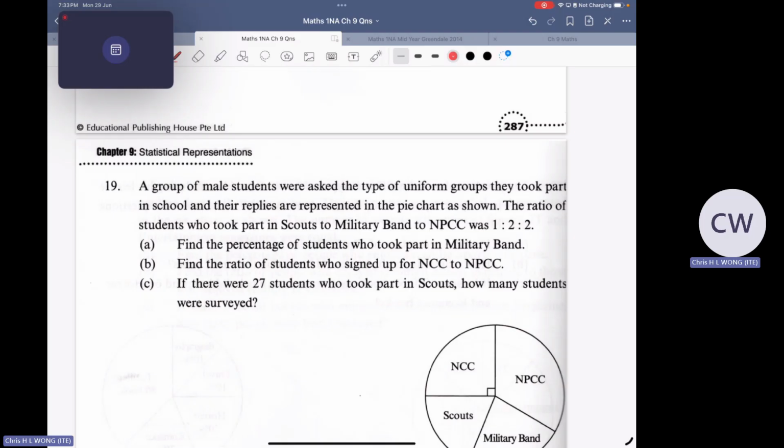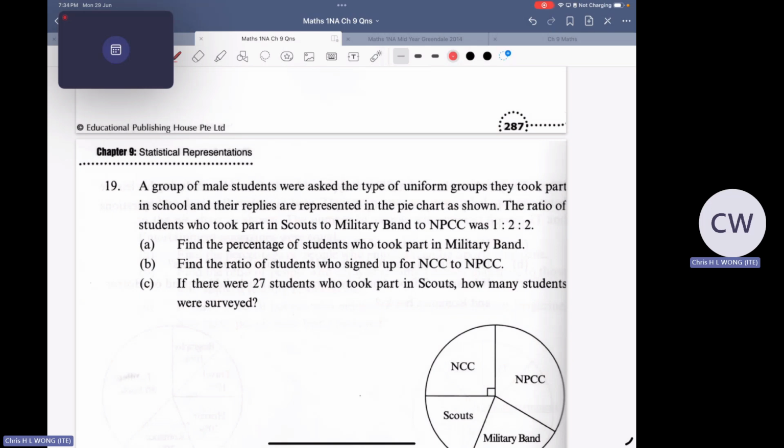Oh, cannot. I got to download first before I can forward. Hold on. Download first. Chapter 8 question, chapter 8 answer. Chapter 9 answer, chapter 9 question. Forward.